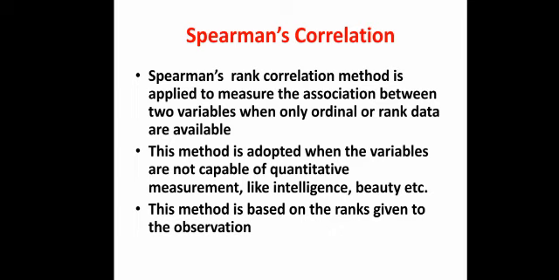The rank correlation method is adopted when the variables are not capable of quantitative measurement, like intelligence, beauty, etc. It is applied when only ordinal or rank data are available.